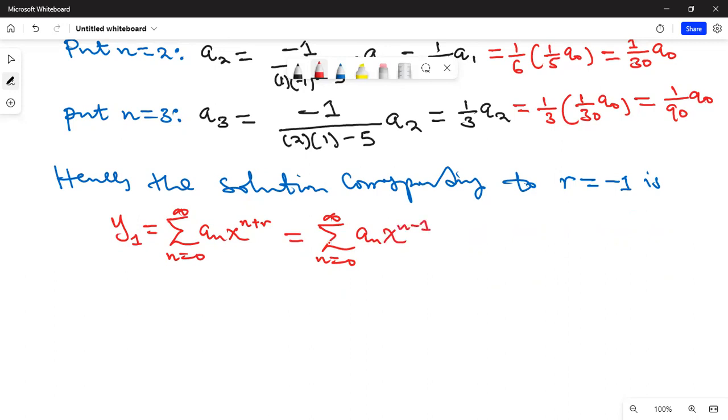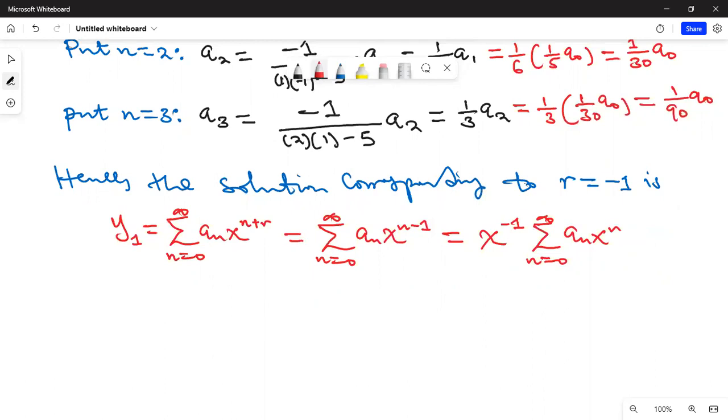And so this thing can be written as x raised to -1 times the sum from n is equals to 0 to infinity an x raised to n. You see, I've factored out x raised to -1 because it does not depend on n.